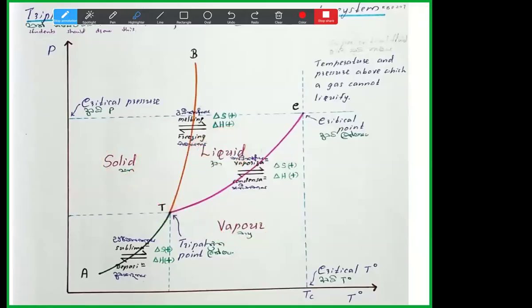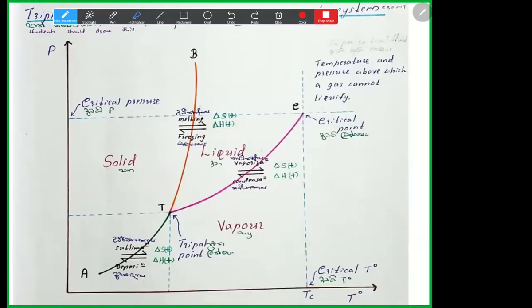Triple equilibrium, triple point. This is a critical point. Up to here, even when you heat, you can liquefy when you increase the pressure. But beyond this point, whatever the pressure you are given, when you increase the temperature beyond this point, you cannot liquefy this.